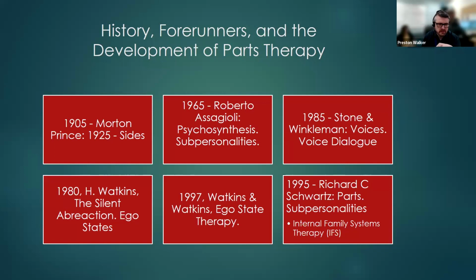Watkins and Watkins described it as an ego state. And then in 1995, there was Richard Schwartz. He described it as parts or subpersonalities. So that's IFS. That's maybe one of the most well-known.